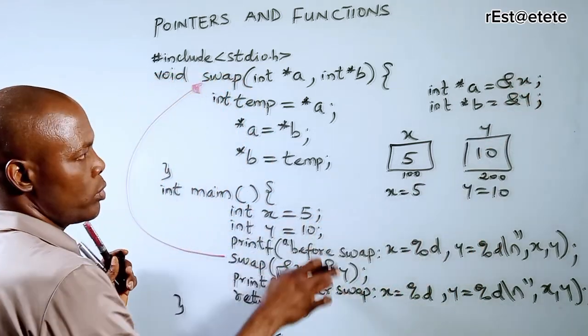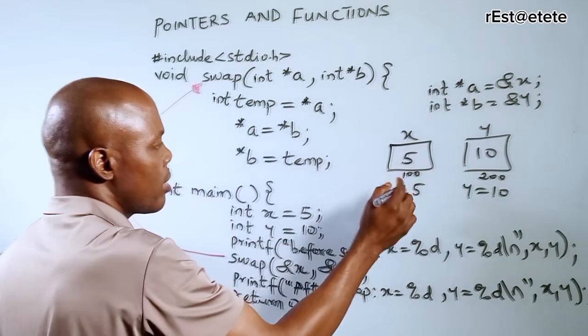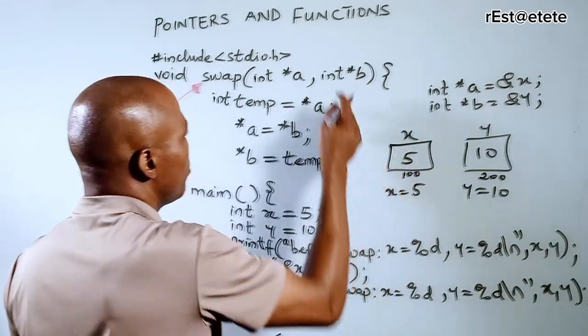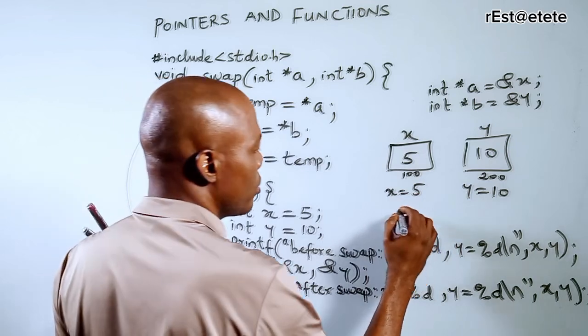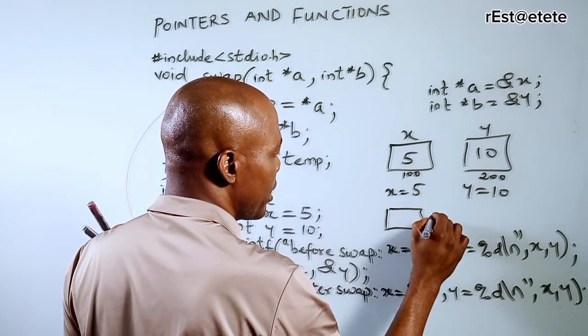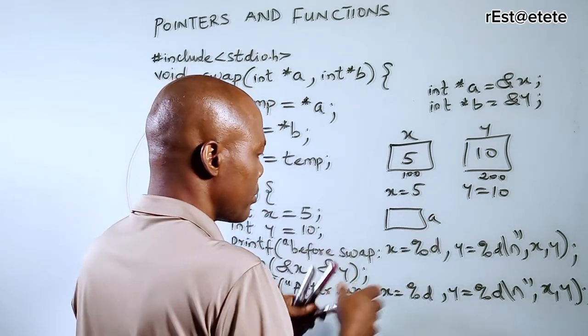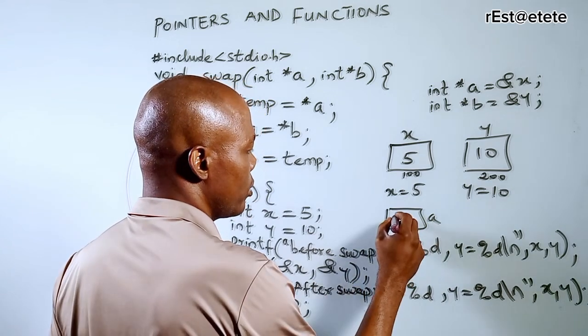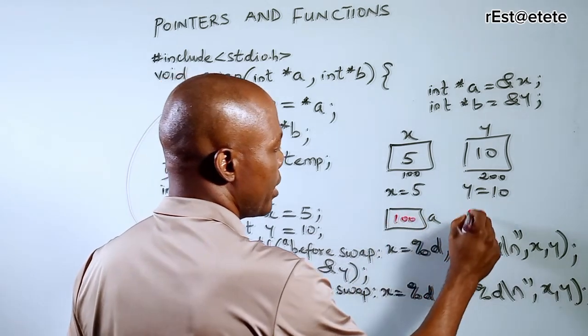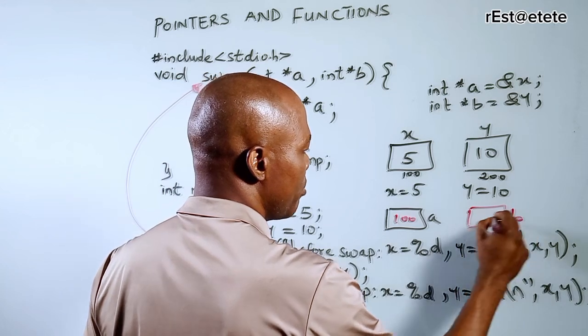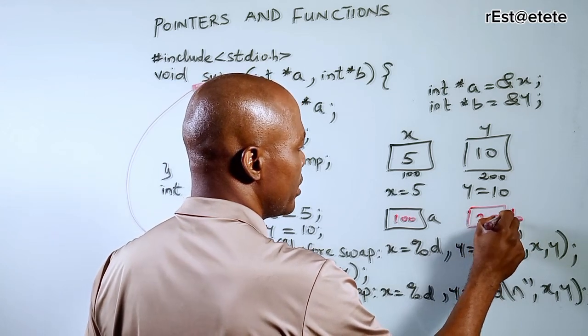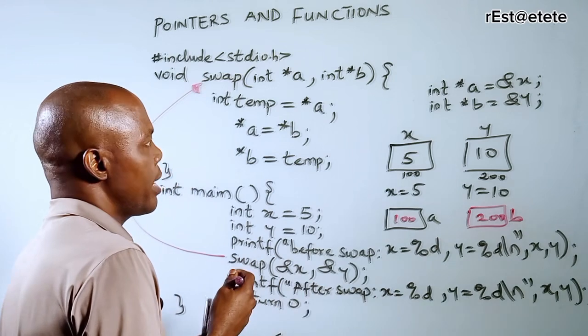So that is what is going to happen here. 100 will be supplied to pointer a. Let's use red. So 100 is here. Then pointer b, 200 is here, right?